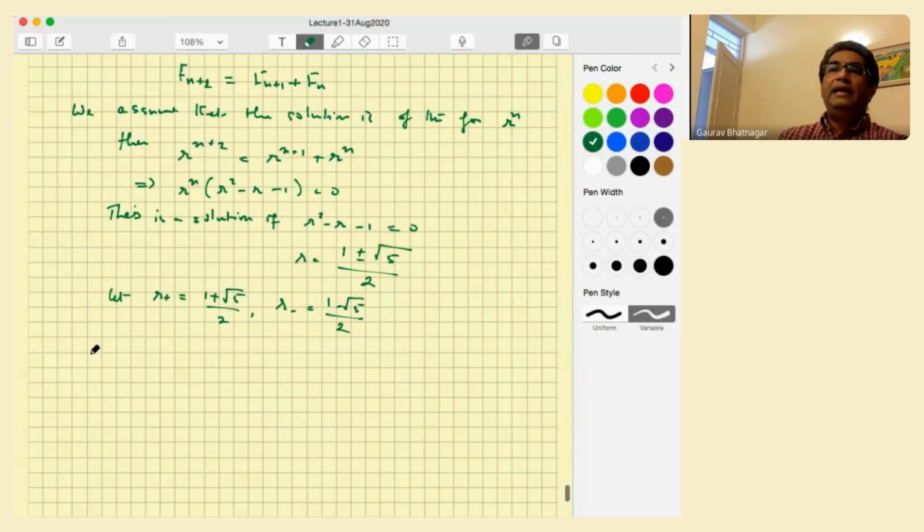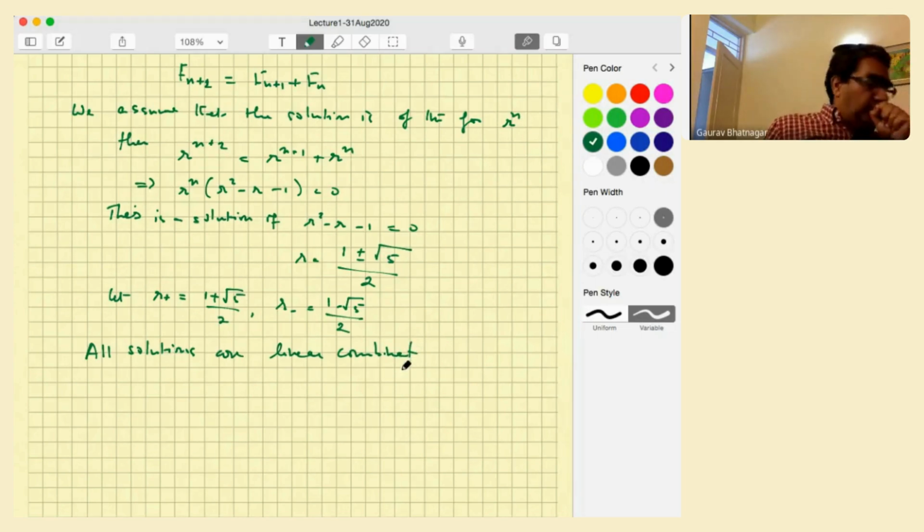And we claim that all solutions are linear combinations of R plus and R minus.